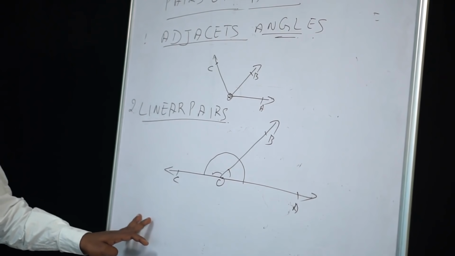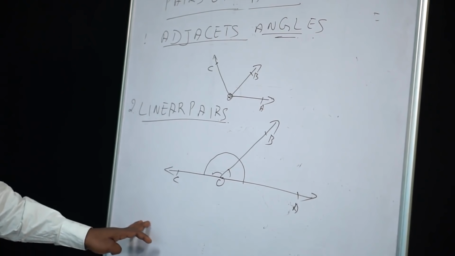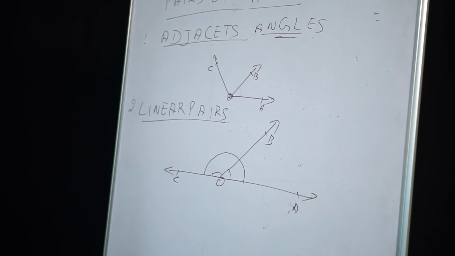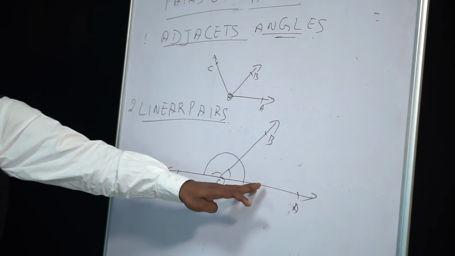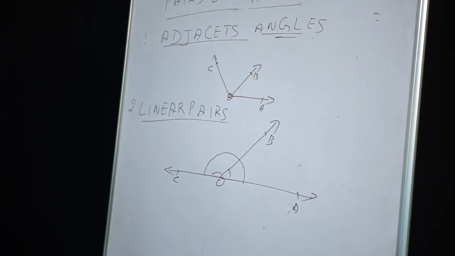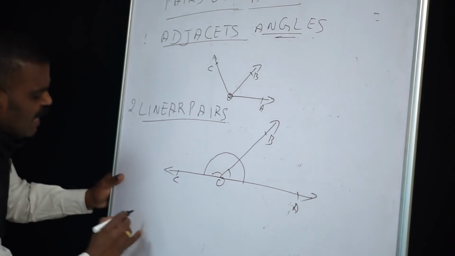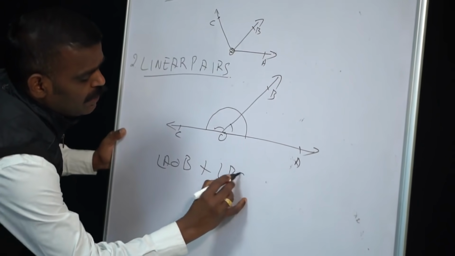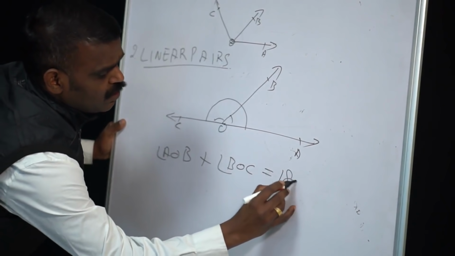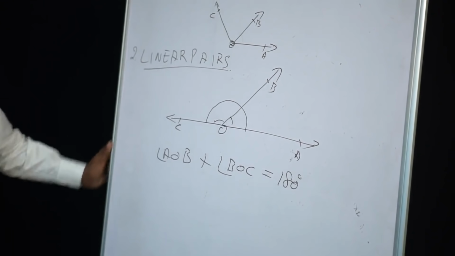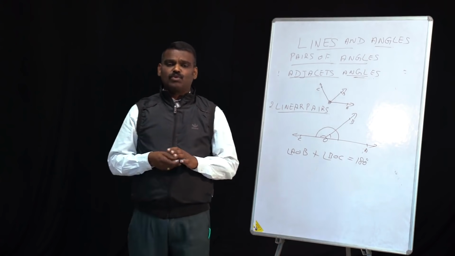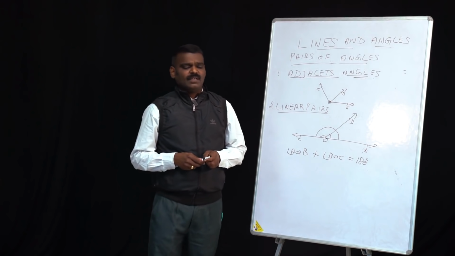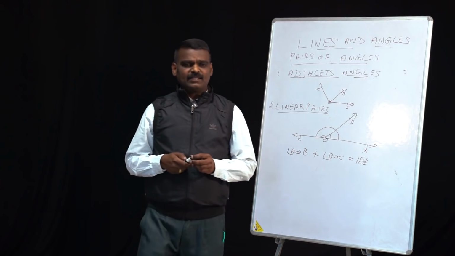Straight angle has how many degrees? 180 degrees. So the sum of linear pairs is always 180 degrees, never changes. That is, angle AOB plus angle BOC together how many degrees? 180 degrees. There are some more angles to be explained that will be done in the next class.